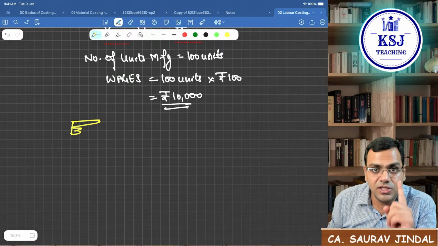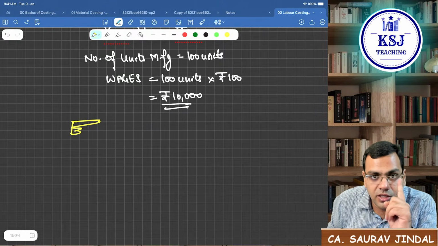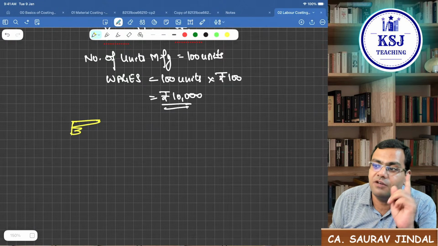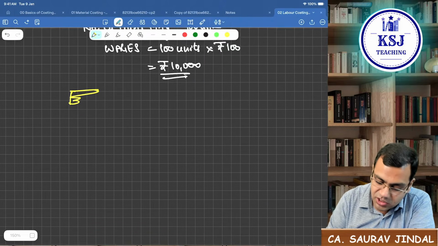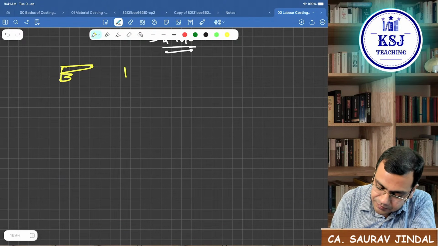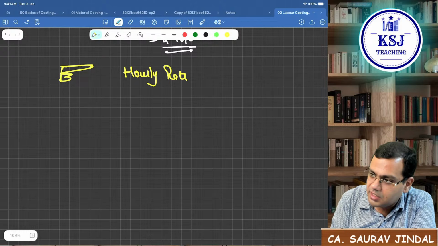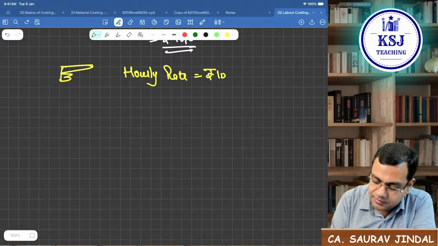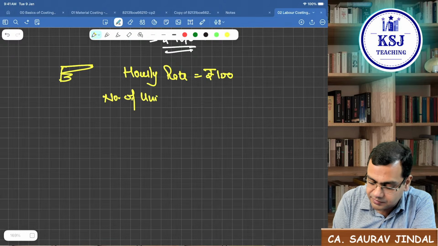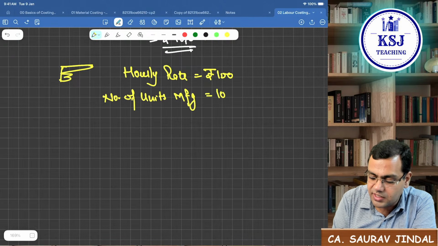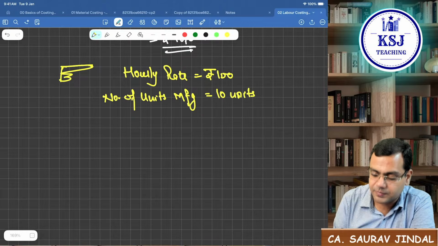I am saying the wages to be calculated on the basis of the piece rate. But what is the information given? Information given is hourly rate. Sir, hourly rate given? Yes, hourly rate rupees 100. Number of units manufactured is 10 units.